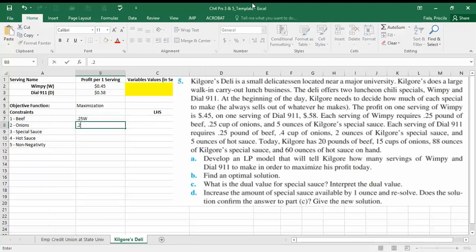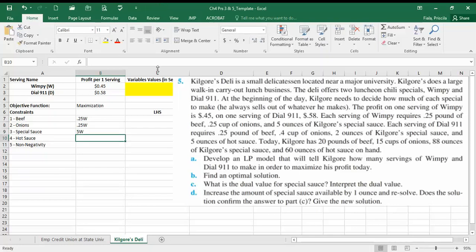Then we have 0.25 cup of onions for Wimpy. Reading right here, each serving of Wimpy requires 0.25 pound of beef, 0.25 cup of onions, and 5 ounces of Kilgore special sauce.